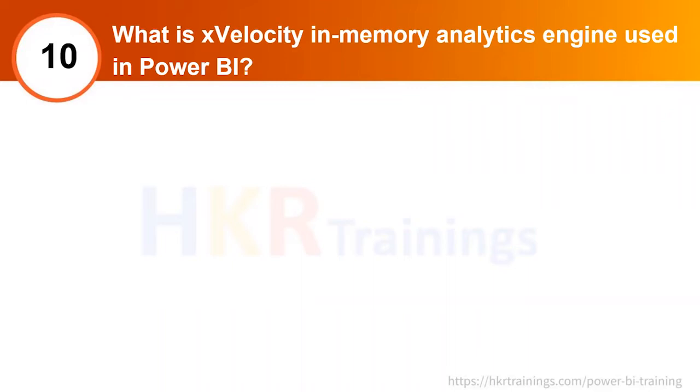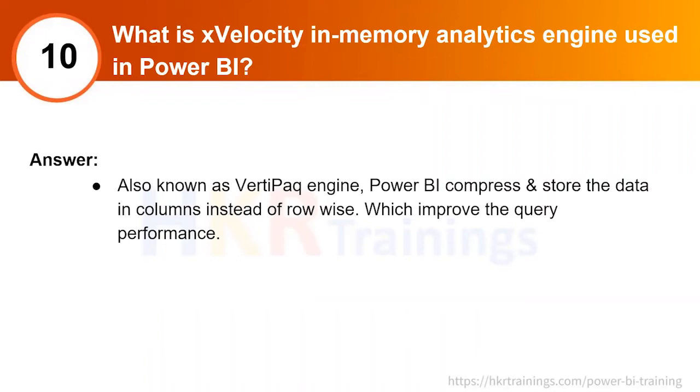When the data is stored in a compressed format, we can handle a large amount of data easily. This question is asked very frequently, and that compression format we call the VertiPaq engine in Power BI. It will store the data column-wise instead of row-wise.